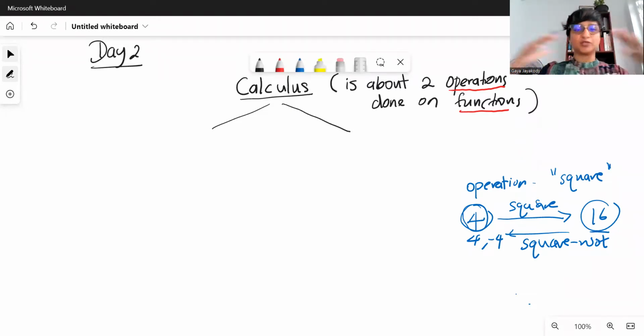And the 2 branches study these 2 operations. One operation is called differentiation. Think about it as an operation, like addition, subtraction.